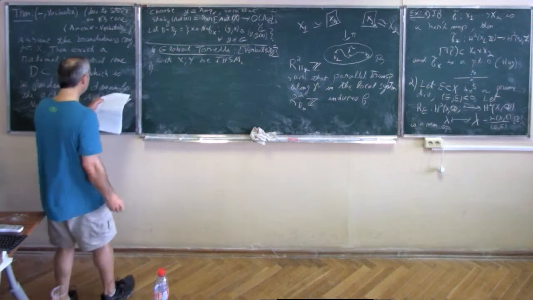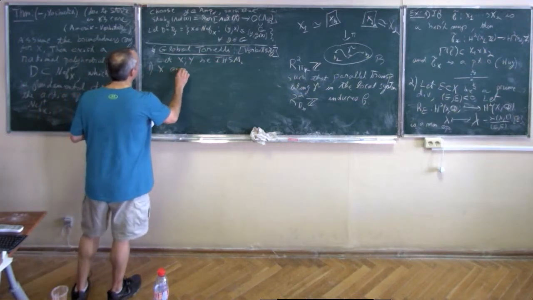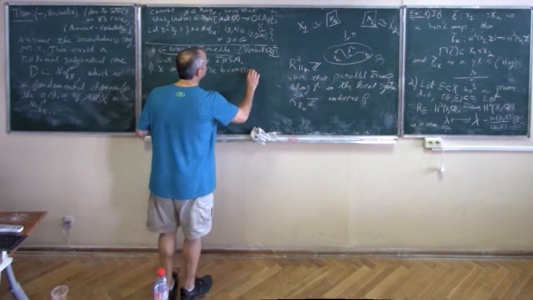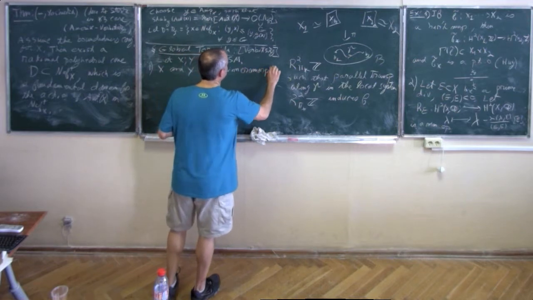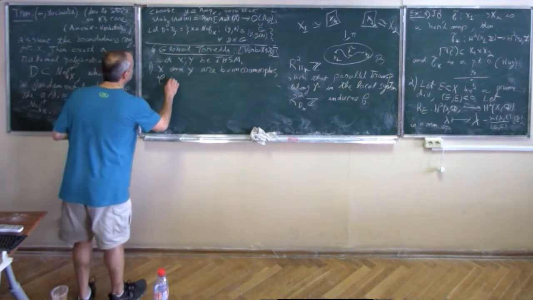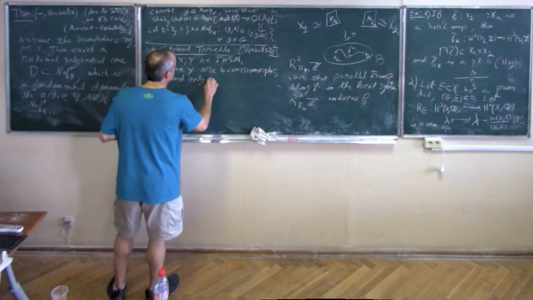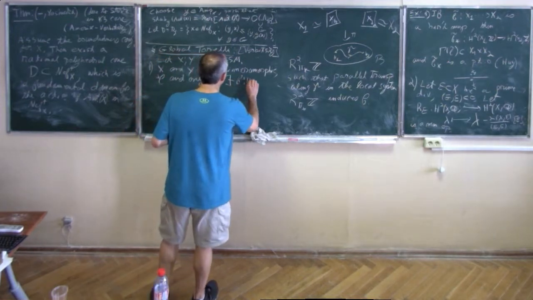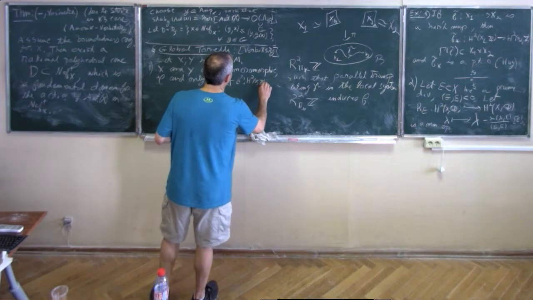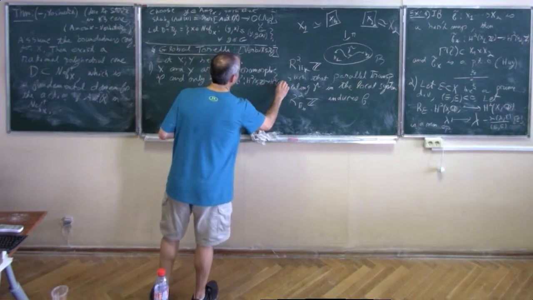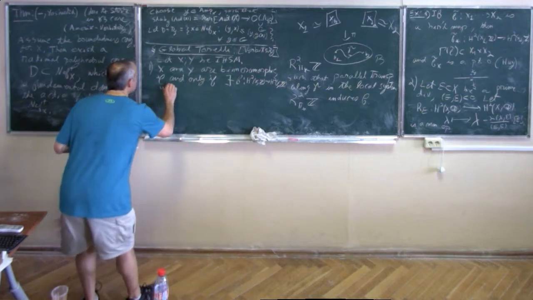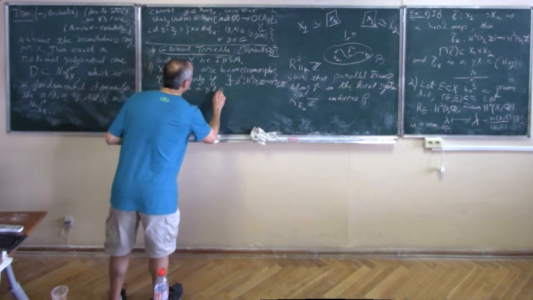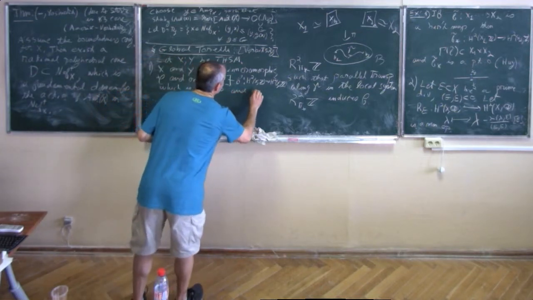So one, X and Y are bimeromorphic if and only if there exists f from H2 X Z to H2 Y Z, which is a parallel transport operator and an isomorphism of Hodge structure.